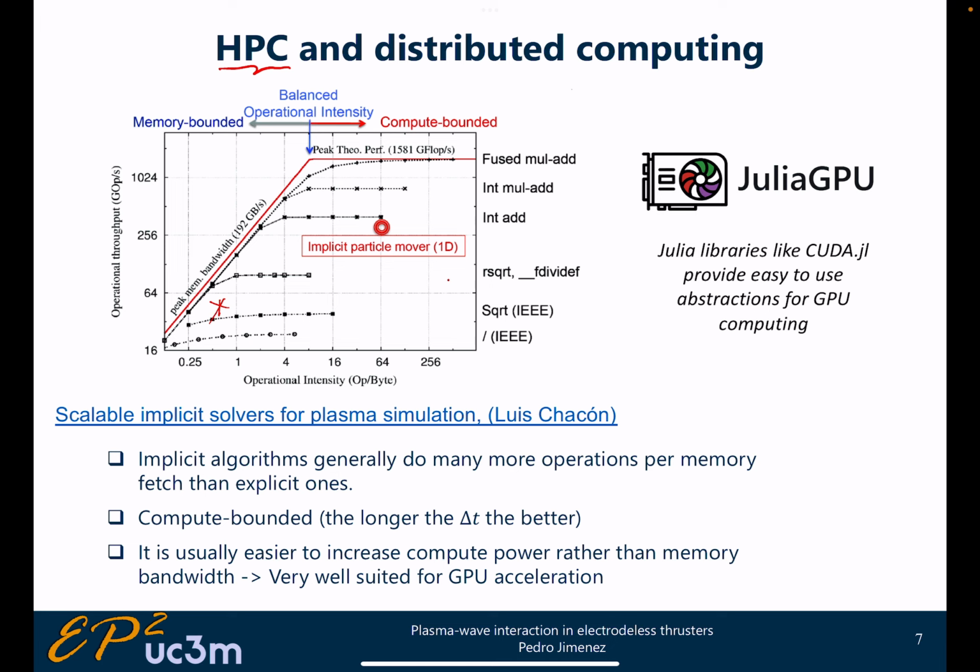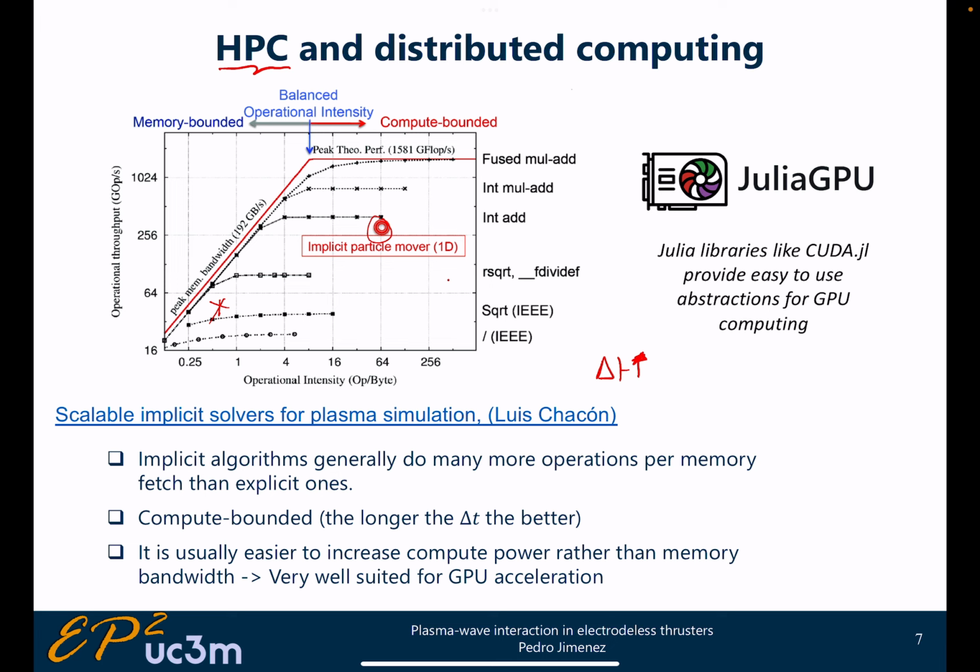So most explicit algorithms nowadays are memory bounded, while for an implicit algorithm, for each memory fetch that you do, because you can increase your delta t, you fetch memory every time step, but you do many more operations per time step.